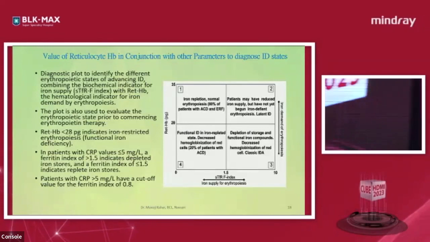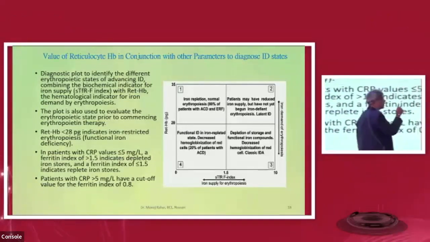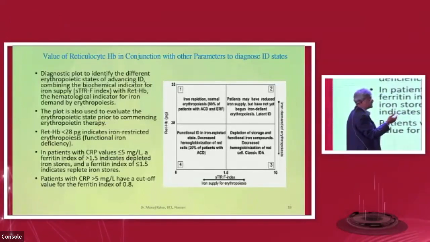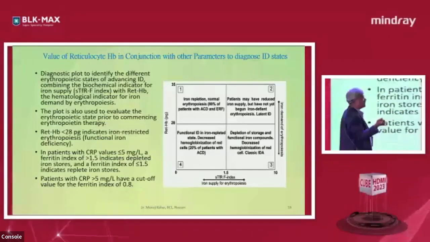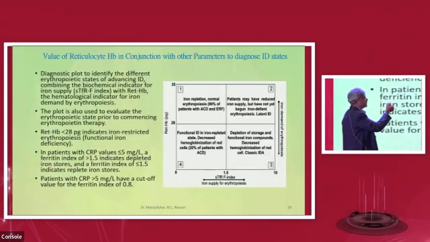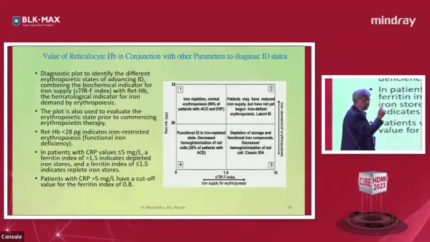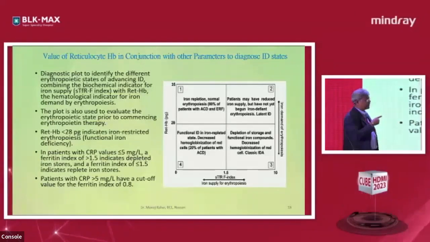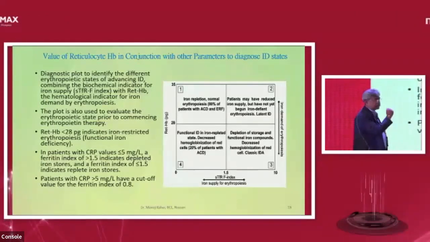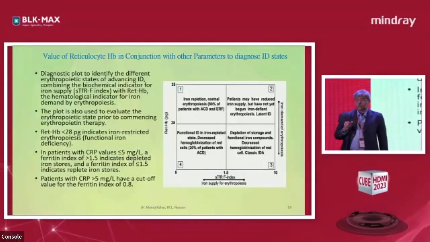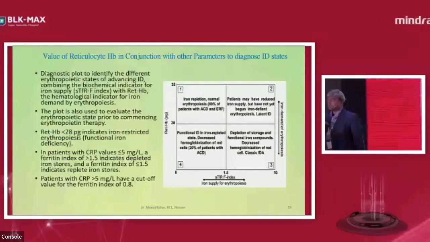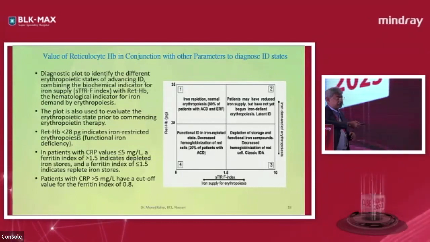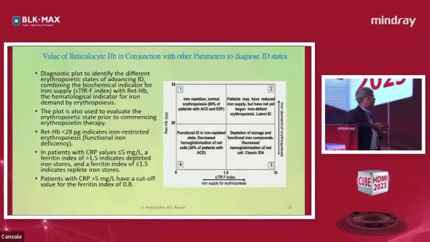Based on these two, these plots give us the idea about whether there is a functional iron deficiency, whether there is a classic iron deficiency anemia, whether there is latent ID, or there is iron repletion. The only problem with this plot is the cost of the investigation. STFR and ferritin, if you combine, and also the CBC, the cost goes around more than 2,000. And this limits the use of such plots, only the cost. But this is a good plot which will help us to segregate all the 4 different types.